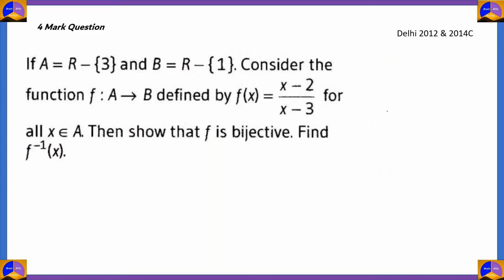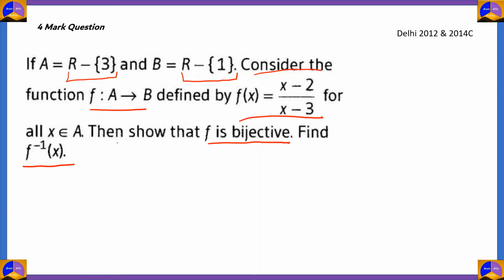Now let's move on to the final question. If the set A is defined as the set of real numbers minus element 3, and B is defined as the set of real numbers minus element 1, and we consider the function f from A to B defined by f of x is x minus 2 by x minus 3 for all x belonging to A, then we need to show that this f is bijective, and we have to find the inverse function.